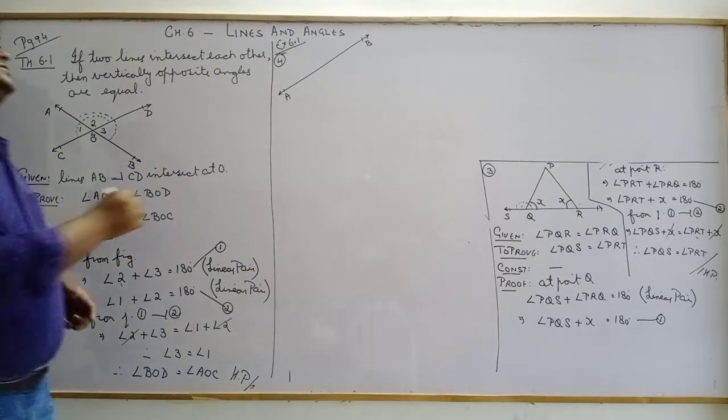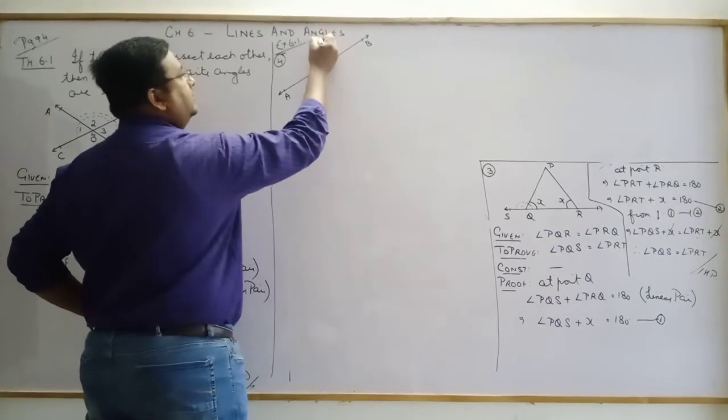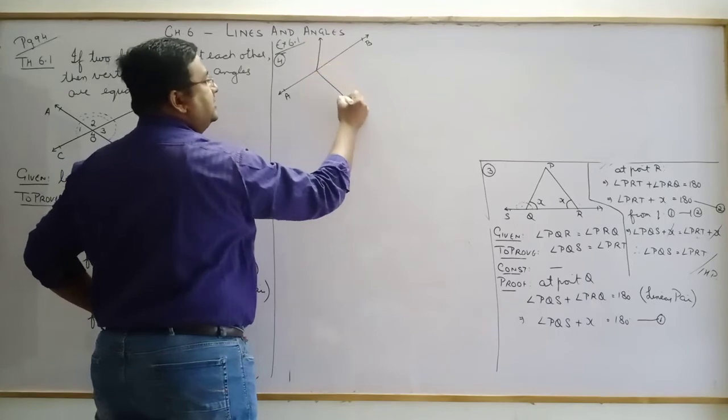So when it is a line, the sum of angles is 180. This is one angle over here, and this is another one.